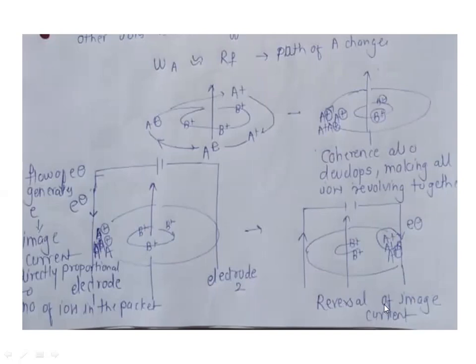So we are going to have a reversal in image current, and this image current is what we are going to measure. This image current is directly proportional to the number of ions present in that particular packet. So if I have more ions in packet A, I am going to have a stronger image current.